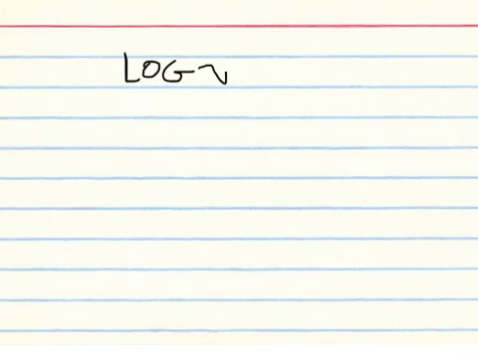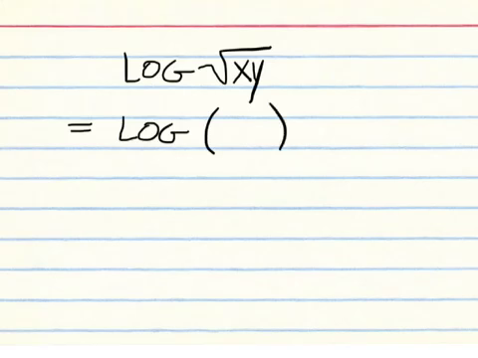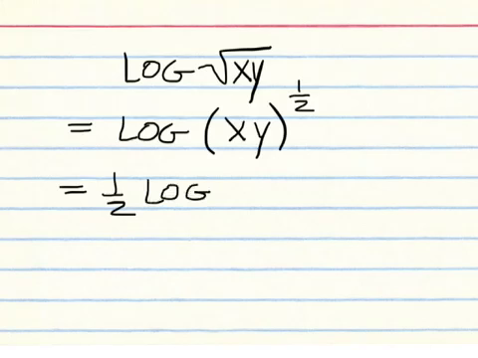In this example, we have log square root of xy. Now with this, it's the same thing as saying log of the half power of xy. And that half power can be moved out front, such as this. But one thing you have to remember is that that half power was on the x and the y.